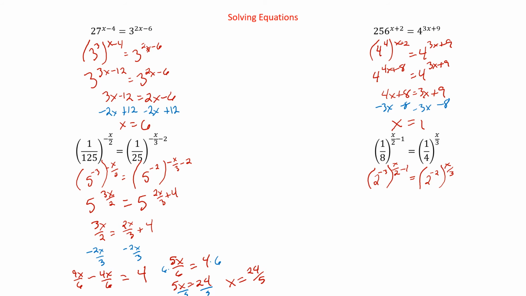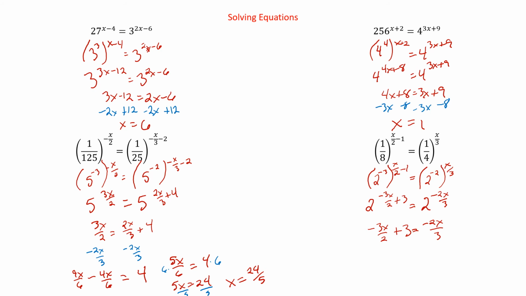We can distribute those exponents. 2 to the negative 3x over 2 plus 3 equals 2 to the negative 2x over 3. And then the exponents can be equal because they're to the same base. So we have negative 3x over 2 plus 3 equals negative 2x over 3.